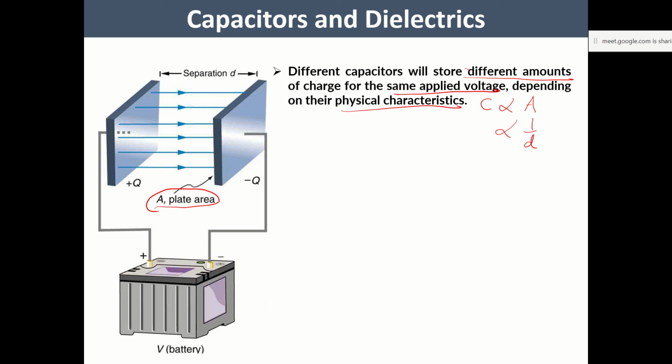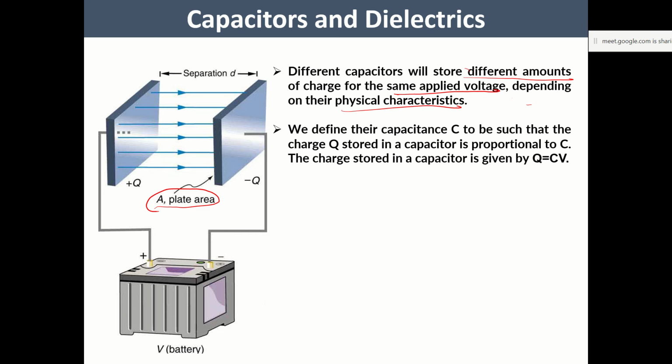So capacitance is inversely proportional to distance. If distance is small, the capacity to store charges increases, and the greater the area, the greater the ability to store charges. This is what we mean by physical characteristics.